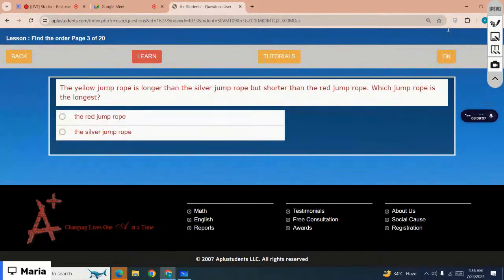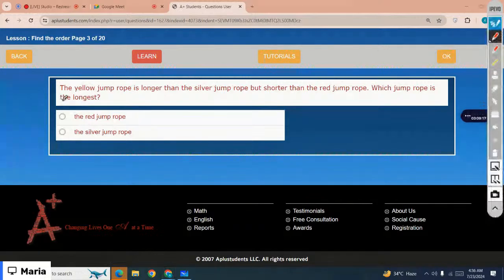Okay, the yellow jump rope is longer than the silver jump rope, but shorter than the red jump rope. Which jump rope is the longest? So which is the correct option? Yellow jump rope is longer than silver. So yellow is longer and silver is smaller, but shorter than the red jump rope.